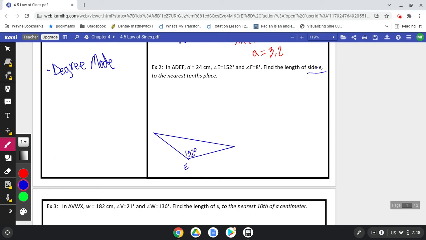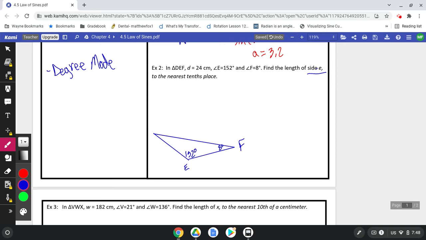Meanwhile, angle F is going to be 8 degrees. We don't know what this other angle is, but we know that it's D, and across from it is 24 centimeters.